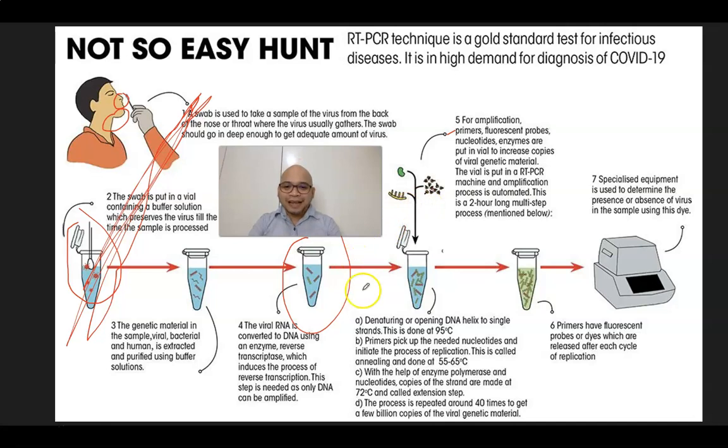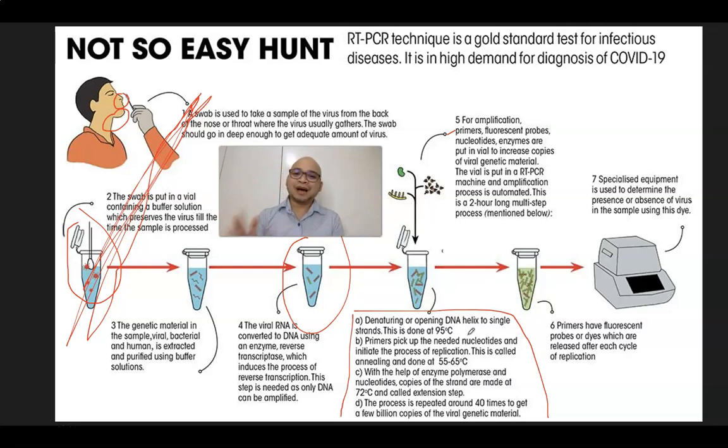So it will undergo the cycle. This is now the PCR cycle. So you have the denaturation. Since the cDNA is a double helix, you need to unzip it at 95 degrees, so that primers will be able to stick to the single-stranded DNA that has been unzipped during the denaturation process.